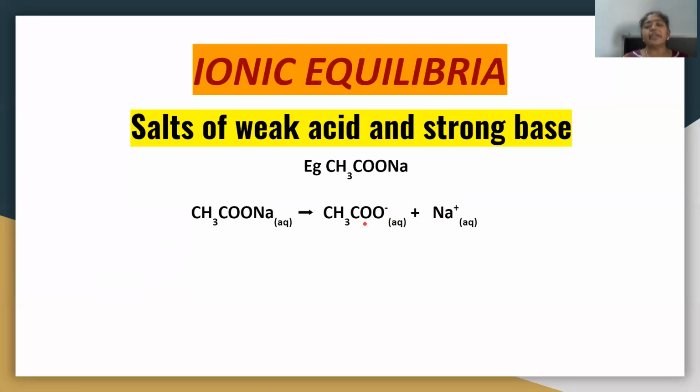So when the acetate ions combine with H plus, it will form acetic acid, CH3COOH. And when Na plus reacts with the ions of water, it will react with OH minus, the oppositely charged ion. So that will result in formation of NaOH. Now NaOH, remember, is a strong base. So if it is a strong base, will it remain as NaOH?